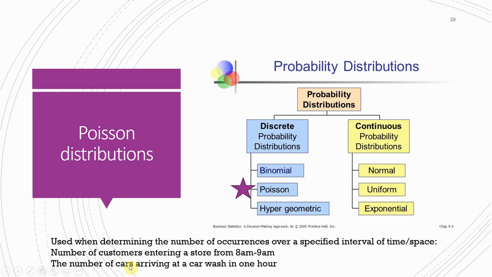Another example would be the number of cars arriving at a car wash in a 1 hour time frame or interval from when they're open. Whenever you see something about the number of something and then some type of interval, 8 a.m. to 9 a.m. or 1 hour or 5 minutes, you know you're working with the Poisson.